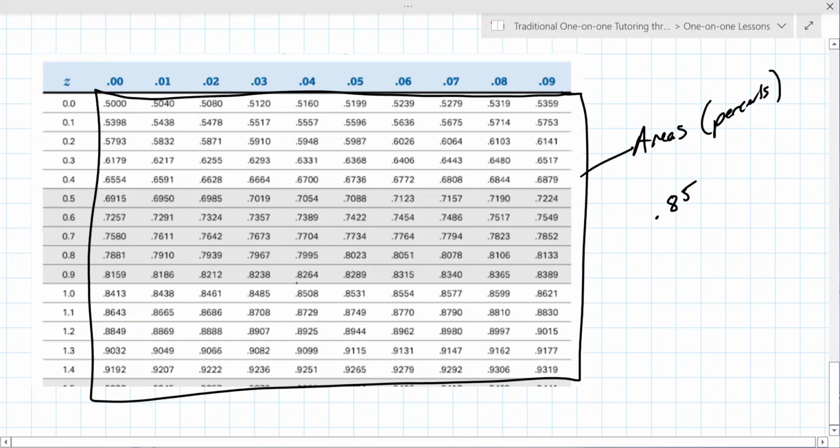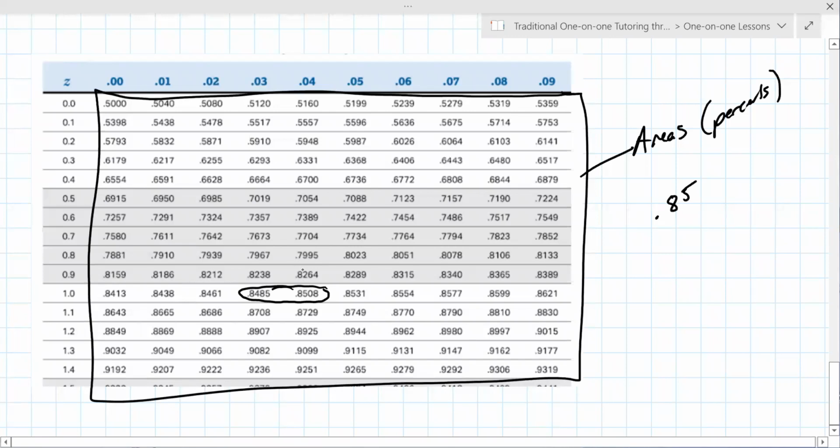So I feel like it's kind of right between these two numbers. The one on the left here is 1.03, and the one on the right here is 1.04.